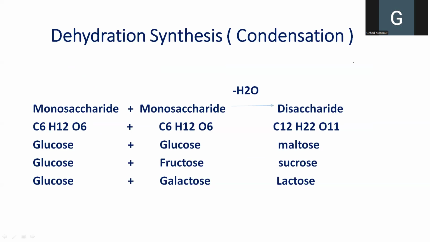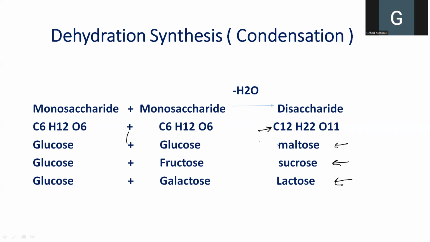So you have a monosaccharide, C6H12O6, plus another monosaccharide, C6H12O6, and you remove one molecule of water, so you obtain the chemical formula of the disaccharide, which is C12H22O11.